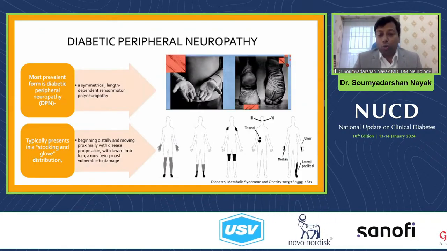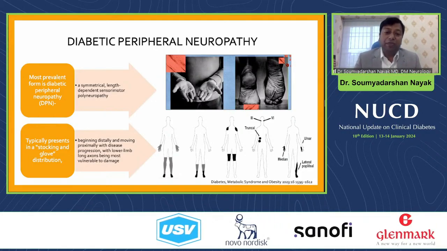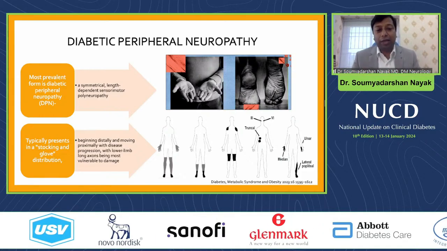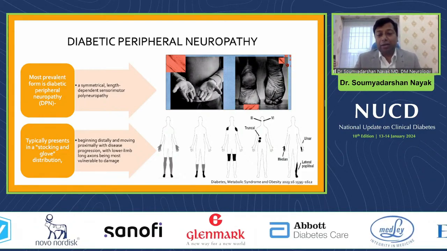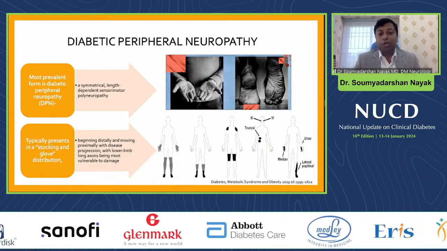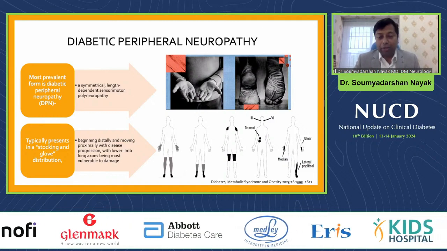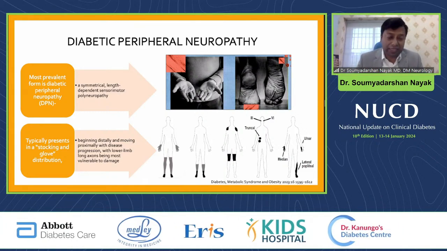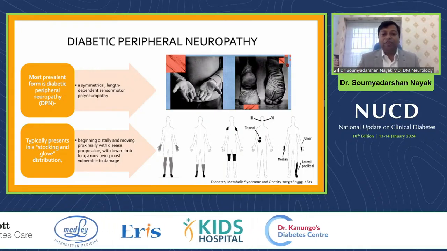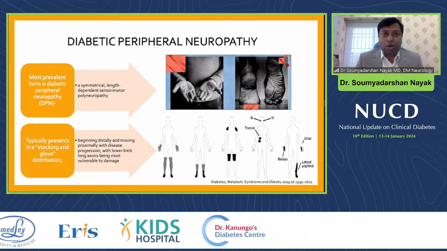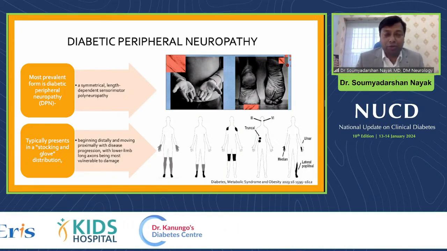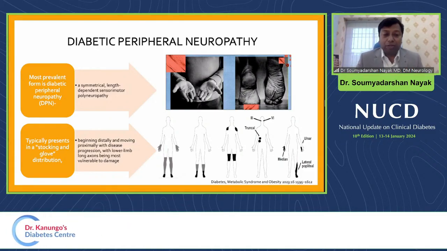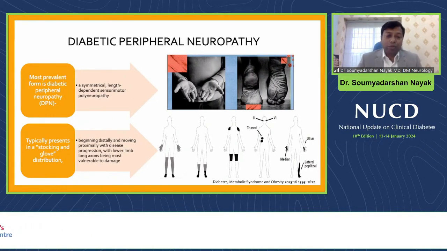As we all know, what we commonly see in our clinics is a symmetric length dependent sensory motor polyneuropathy. This is the most common type, that is the DSSN. But we also see cases of distal symmetric sensory motor polyneuropathy apart from the sensory ones.